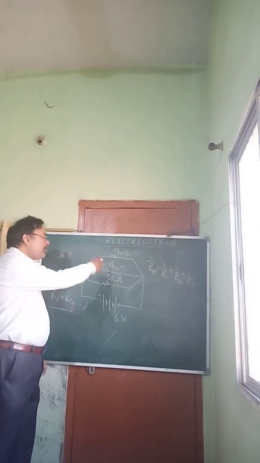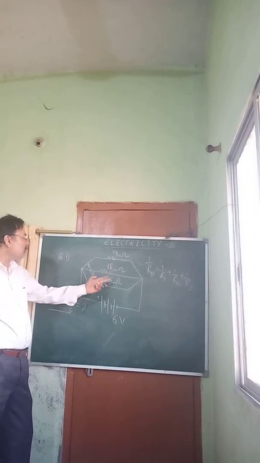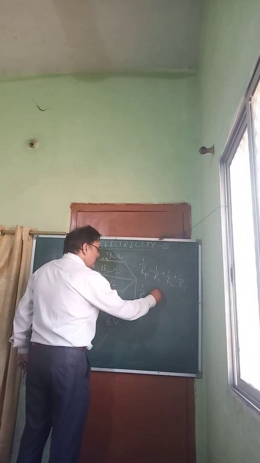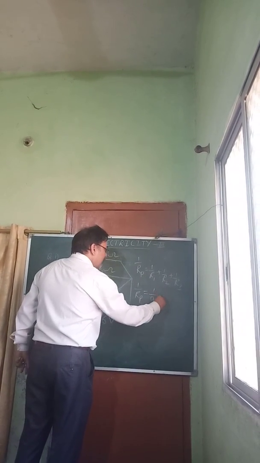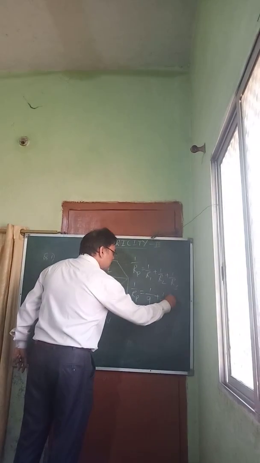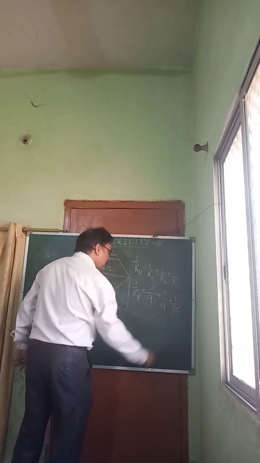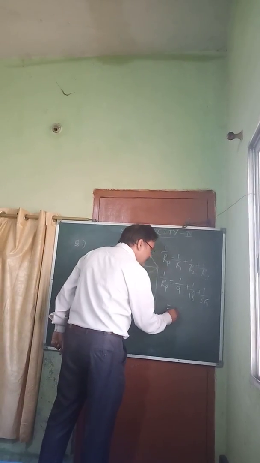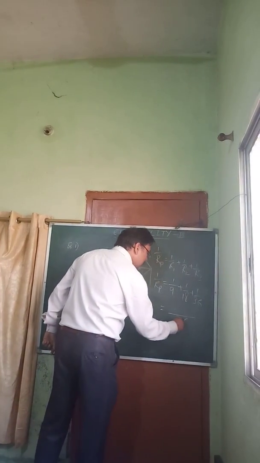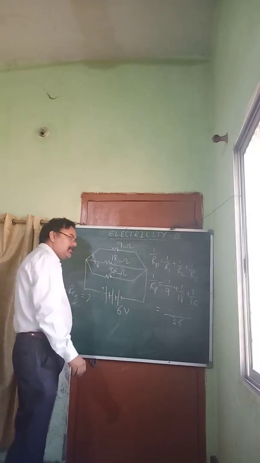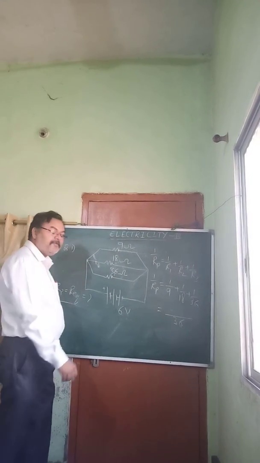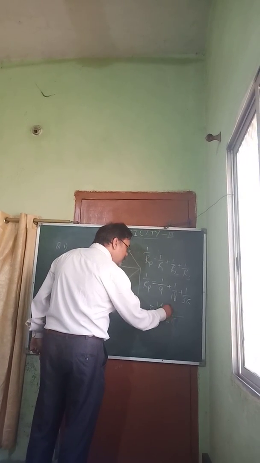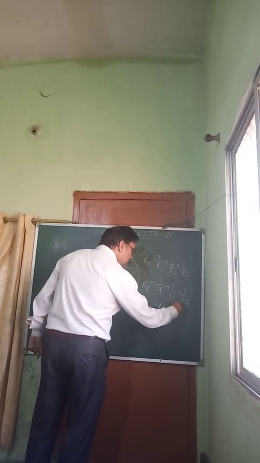Now see, we are going to put the values. Let this be R1, this is R2, this is R3. So what we'll get, 1 by Rp is equal to 1 by 9 plus 1 by 18 plus 1 by 36. Now the LCM, straight away you can say, will be 36. 9 fours are 36, 18 twos are 36, 36 ones are 36.